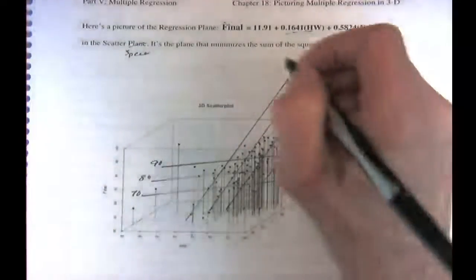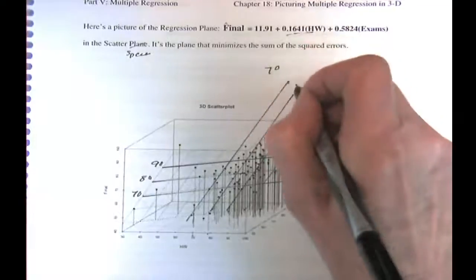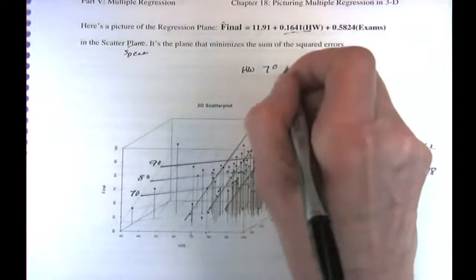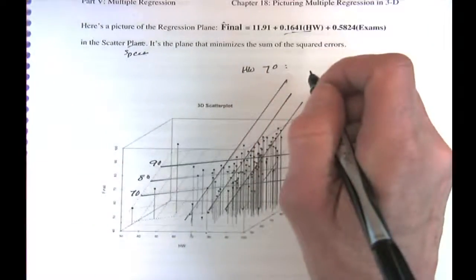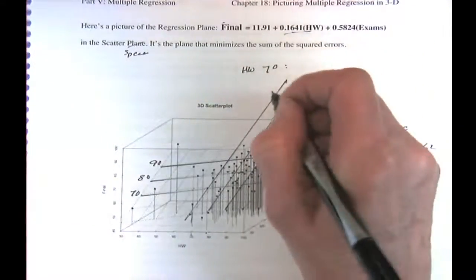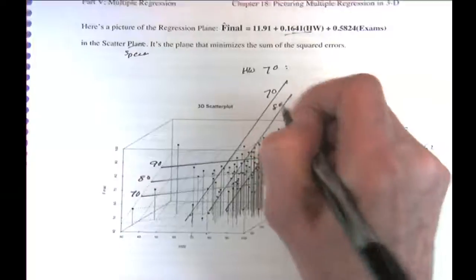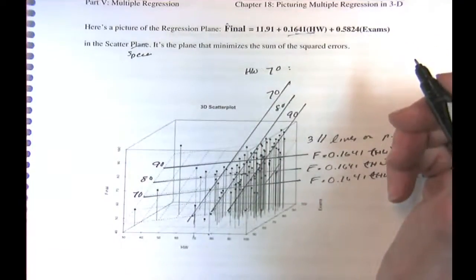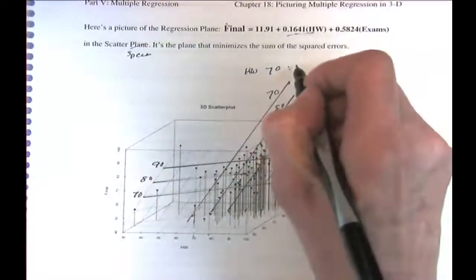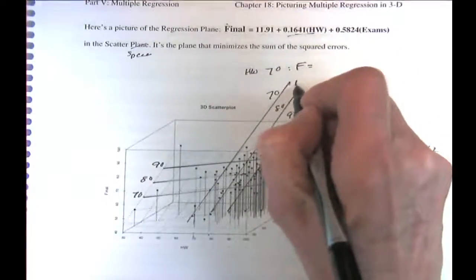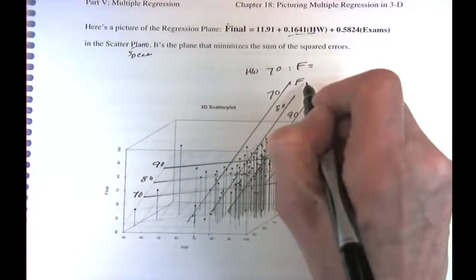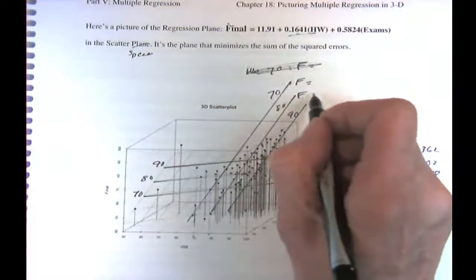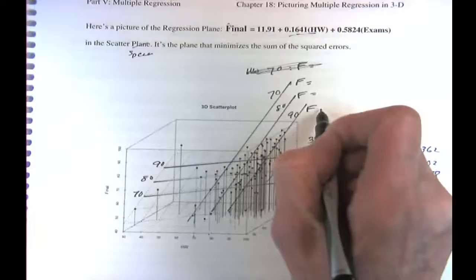All right. So homework is 70. That's these people right here. This is 70, 80, and 90. So for homework equals 70, we're going to have what? For all of these, we have that same, I'll just do 70 there, 80 there, and 90 here.